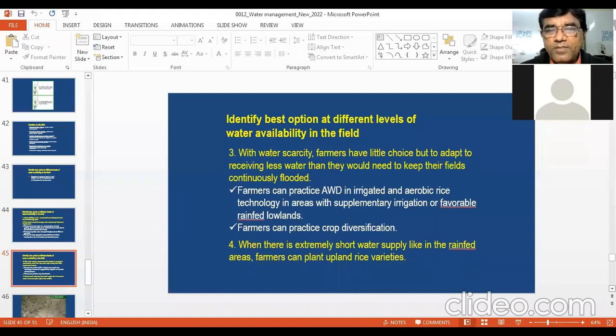The fourth option is when there is extremely short water supply, like in rain-fed areas, where farmers can plant upland rice varieties. Some short duration varieties, whose water requirement is less, can be grown under water scarce environments, though not available in large number for all areas.